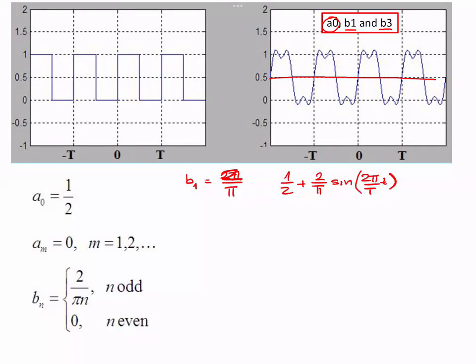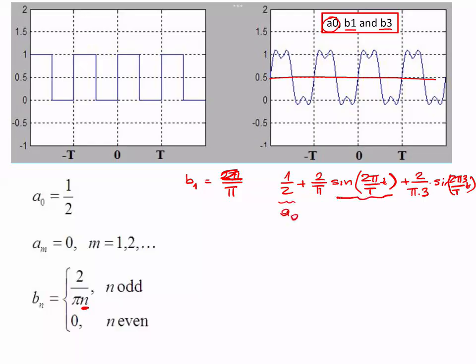And I'm adding 2 over pi times 3. You see, this is n times sine 2 pi 3 t over T. Okay, so I have added a 0.